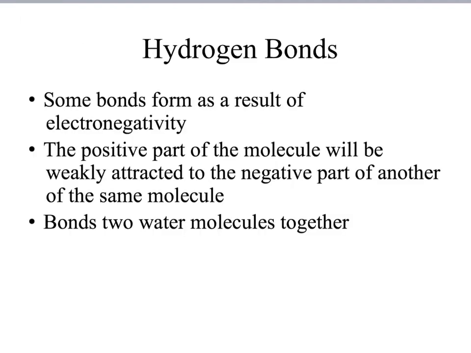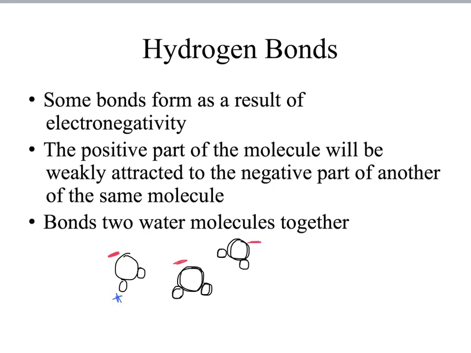Some bonds form as a result of this electronegativity. So if we draw our water molecule again, I'll draw a couple of them. Our oxygen has more attraction for those electrons, so it's going to be negatively charged on that side.